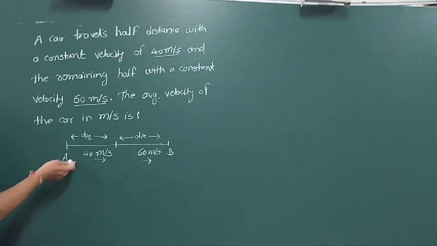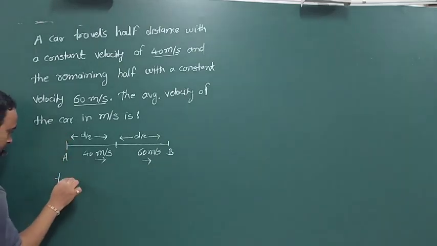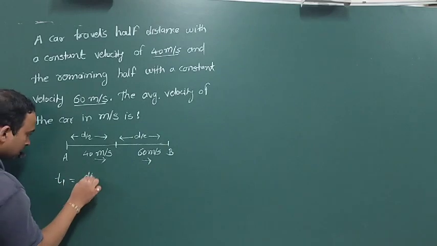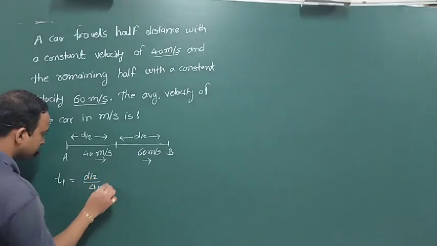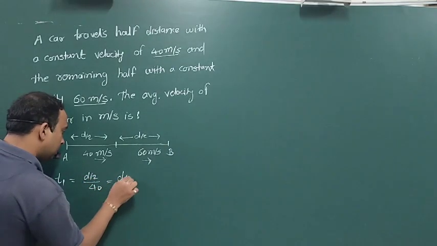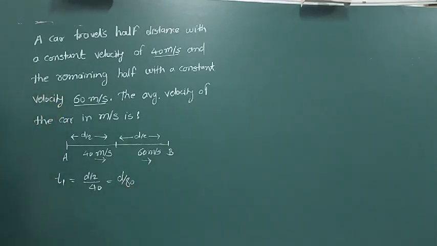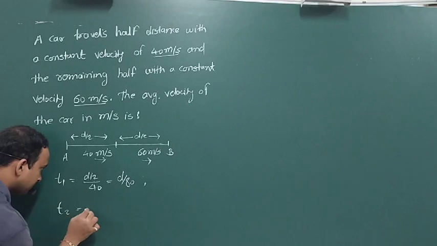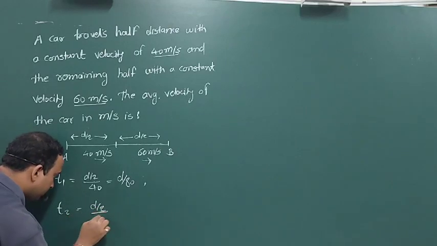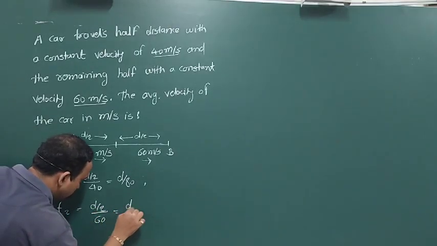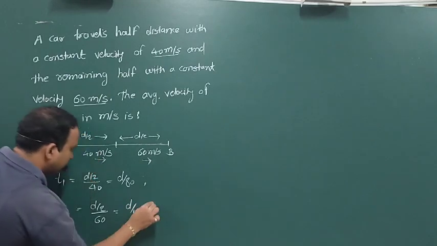Okay, so first of all we will find the time period. t1 is equal to distance upon speed, which is equal to d by 80. Okay, so similarly for the second half, that is d by 2 upon 60, which is equal to d upon 120.